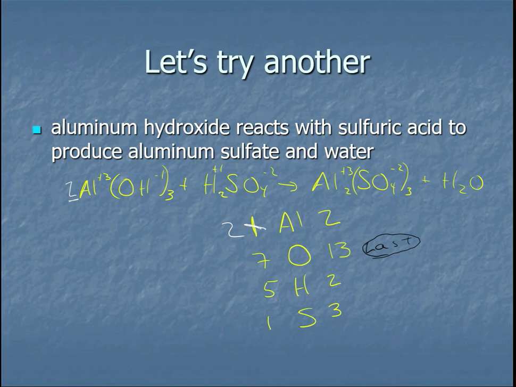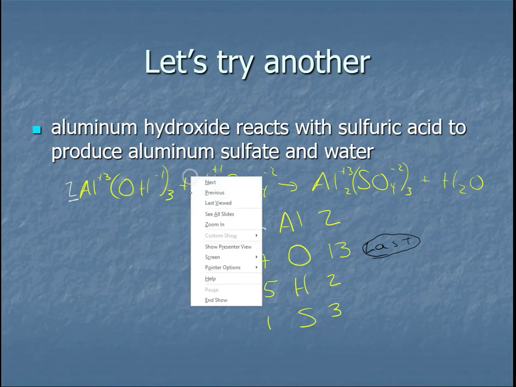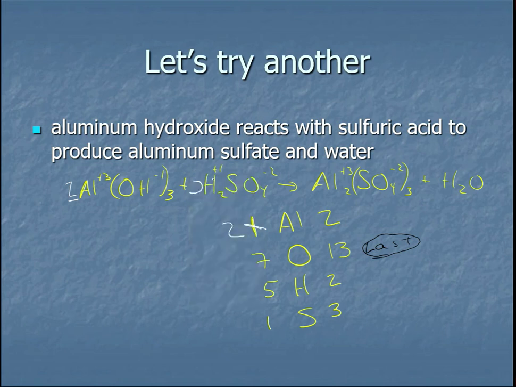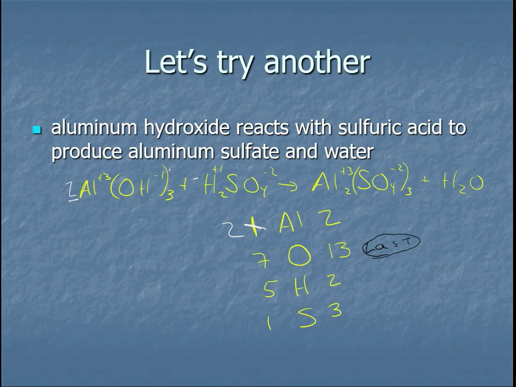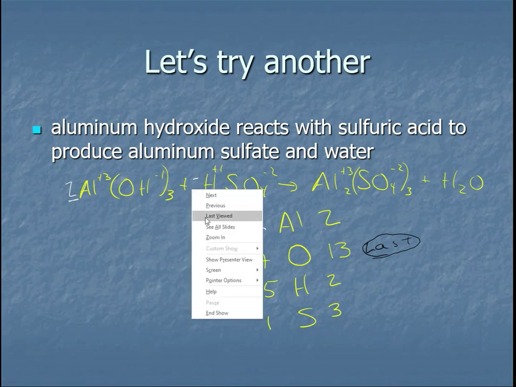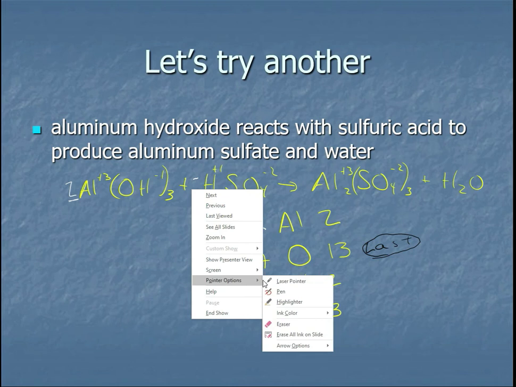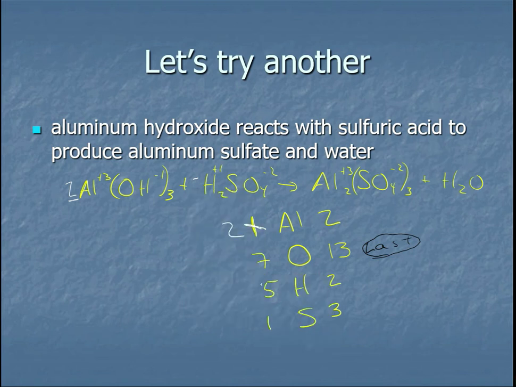Sulfurs, I have 1 on this side, and I have 3 over here. So if I put a 3 here, out in front of the whole compound, I have no idea why 3 always messes up. My pen does not like the 3s, and I don't know why.